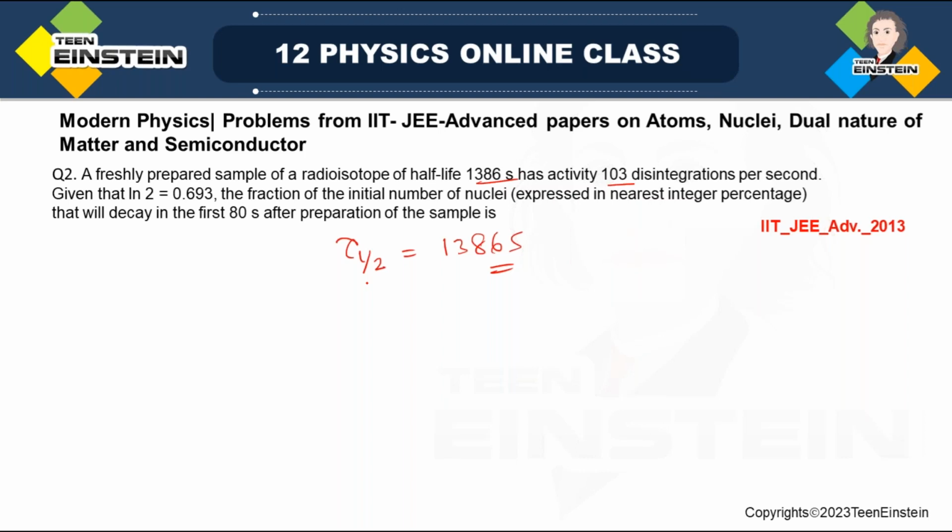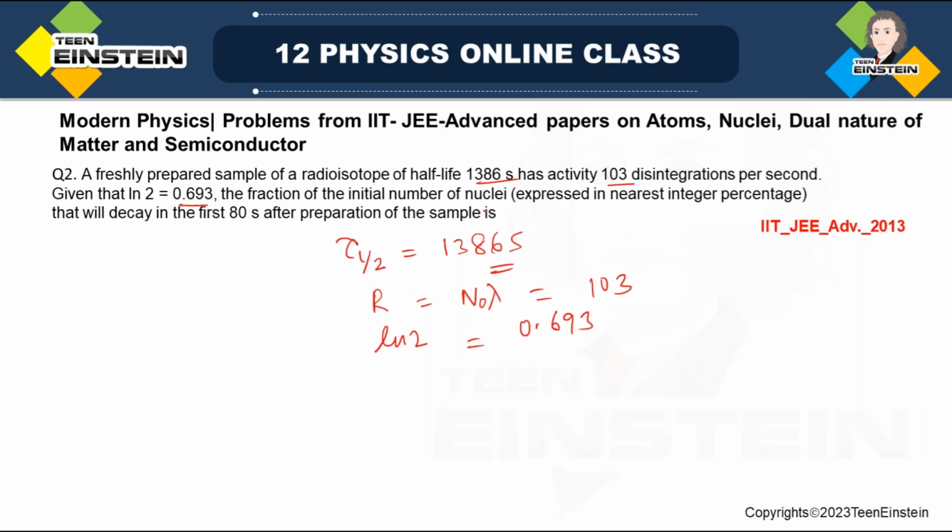Activity is generally written as R is equal to N lambda, and it is actually the initial activity N0 lambda. ln2 is given as 0.693.